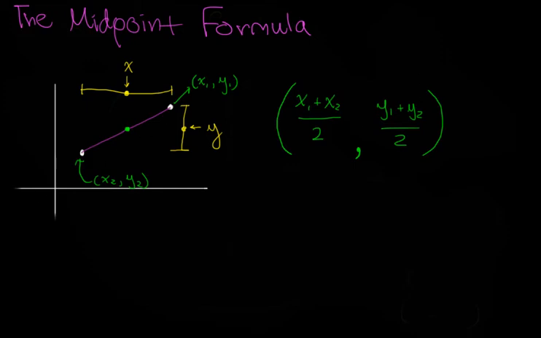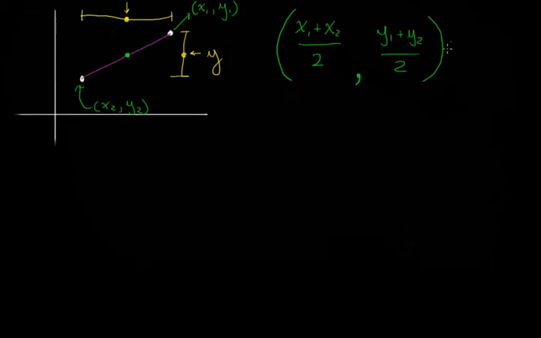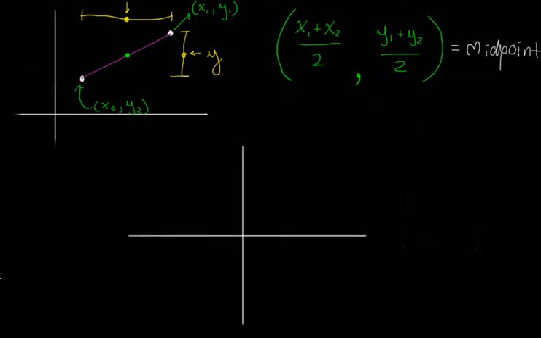So for example, let's apply all this. That's the midpoint formula, so this is equal to the midpoint. Okay, so 1, 2, 3, 4, 5, 6 in each direction.